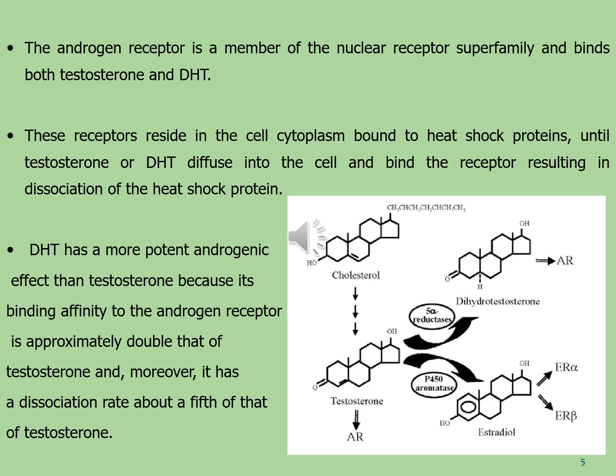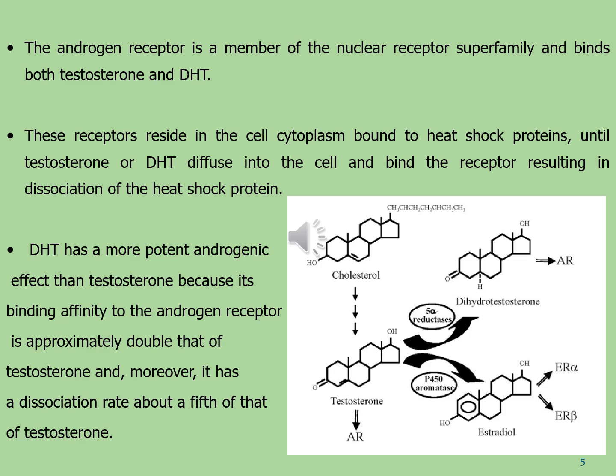The androgen receptor is a member of the nuclear receptor superfamily and binds both testosterone and dihydrotestosterone. These receptors reside in the cell cytoplasm bound to heat shock proteins until testosterone or dihydrotestosterone diffuse into the cell and bind the receptor, resulting in dissociation of the heat shock protein.